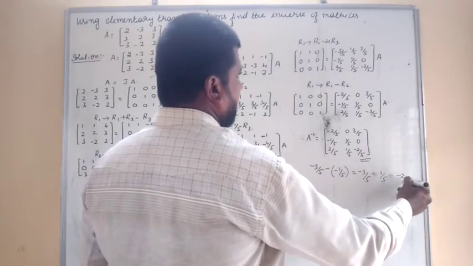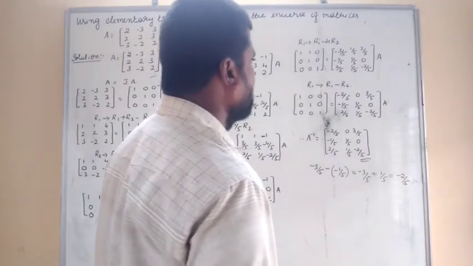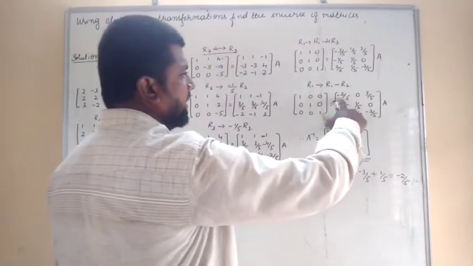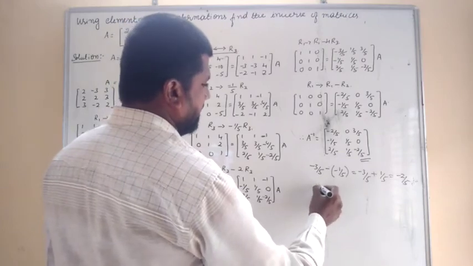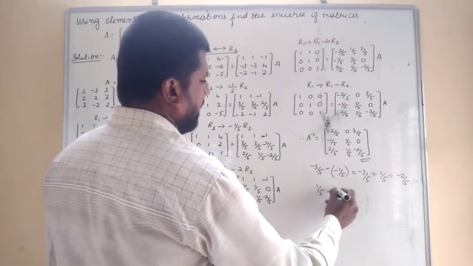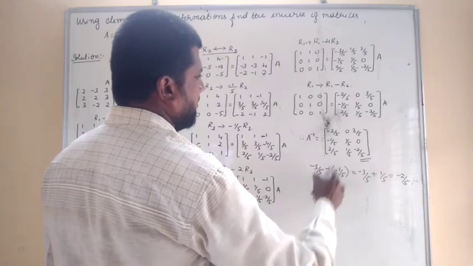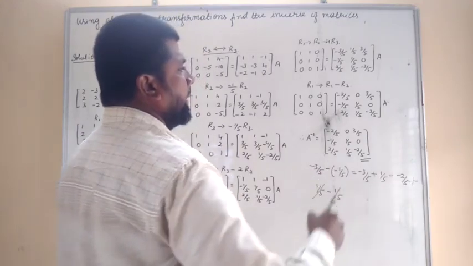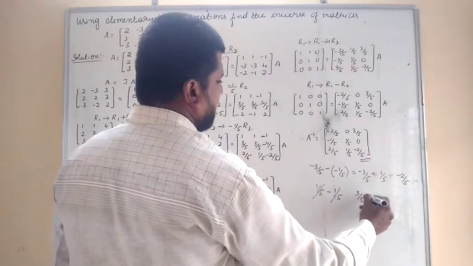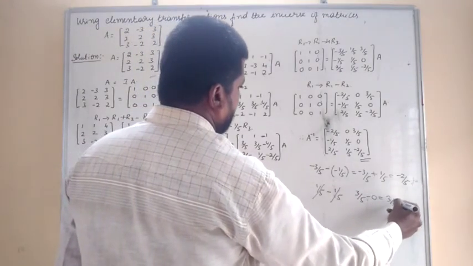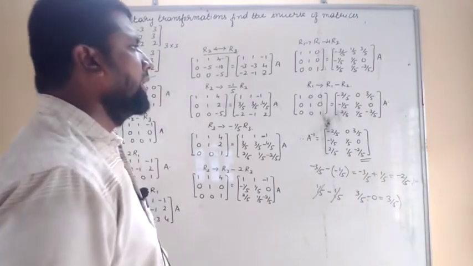So minus 2 by 5. We got minus 2 by 5 in the right side, first row, first element. Then the second element is 1 by 5 minus 1 by 5, which gives 0. Then the third element is 3 by 5 minus 0, which is 3 by 5 only.